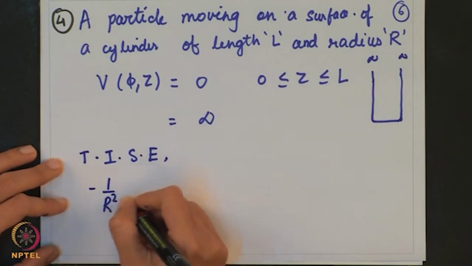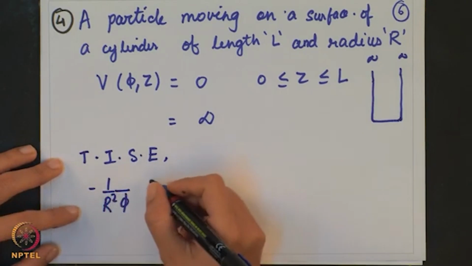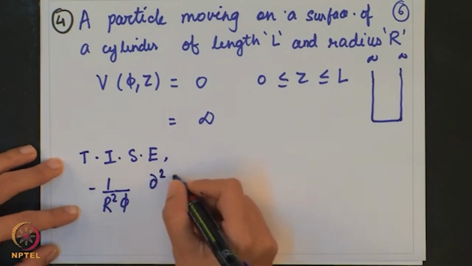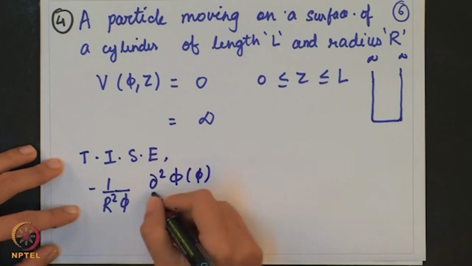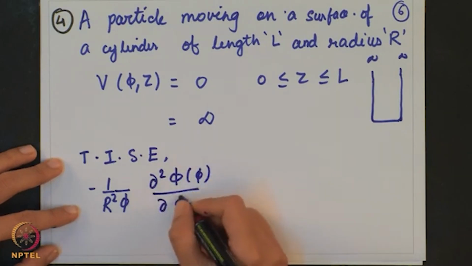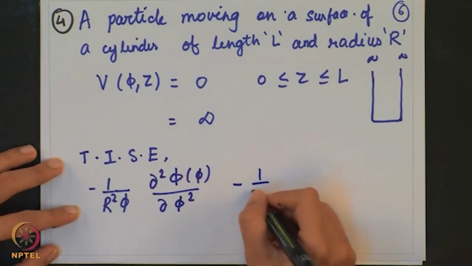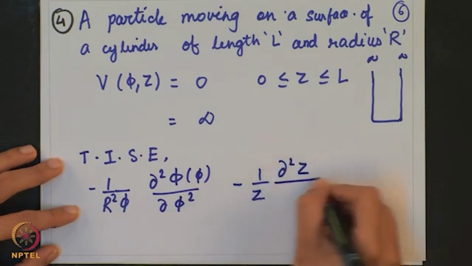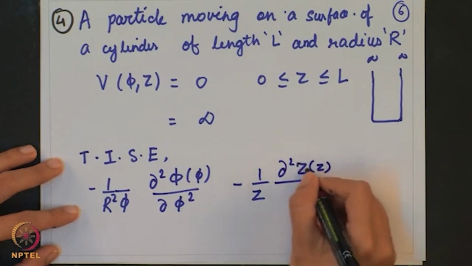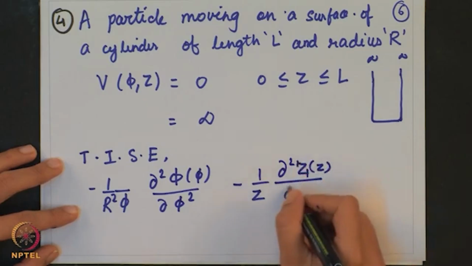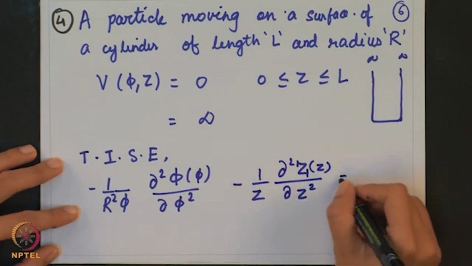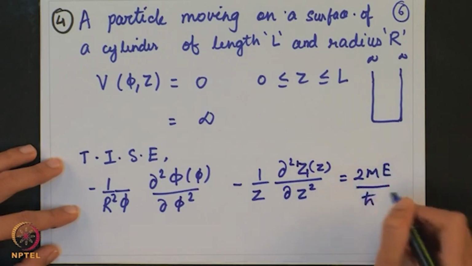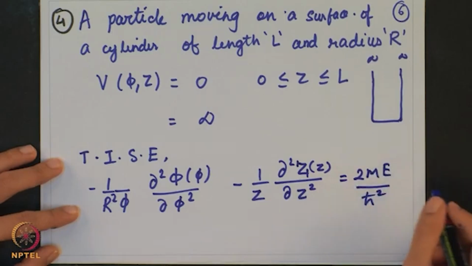So, we can write the time independent Schrodinger equation in terms of the cylindrical coordinates in this form: minus 1 by Z del square Z of z, where this is a capital Z and this is a small z, is equal to 2 m V upon h cross square. Okay. This is the standard form.